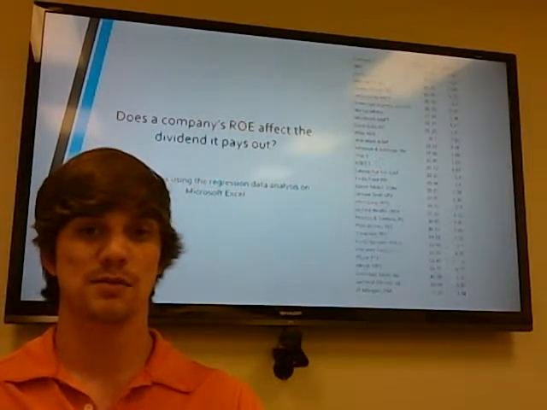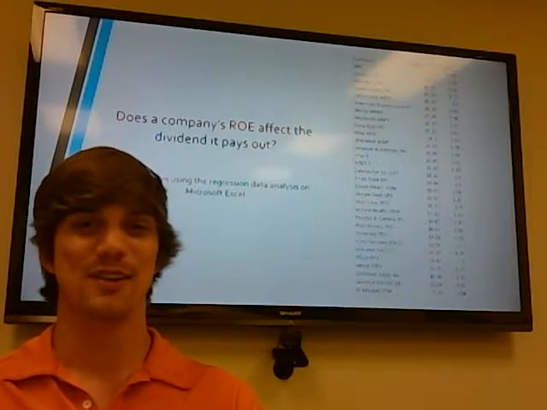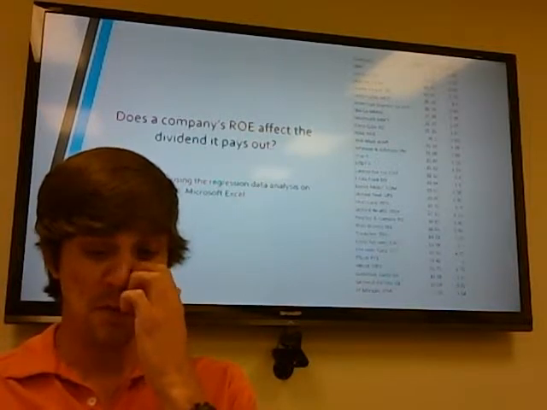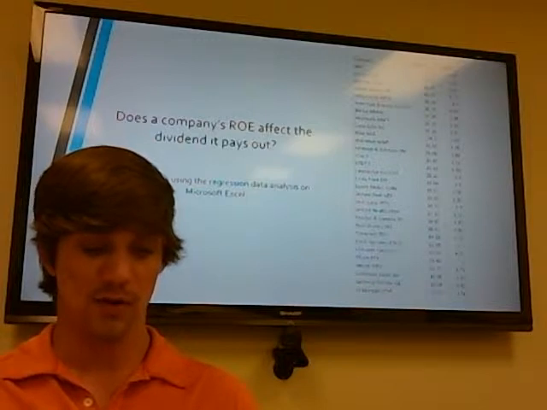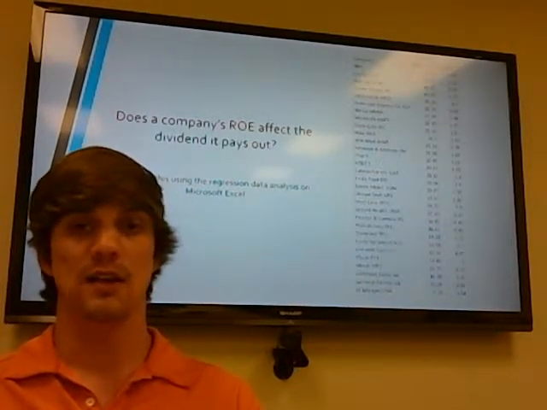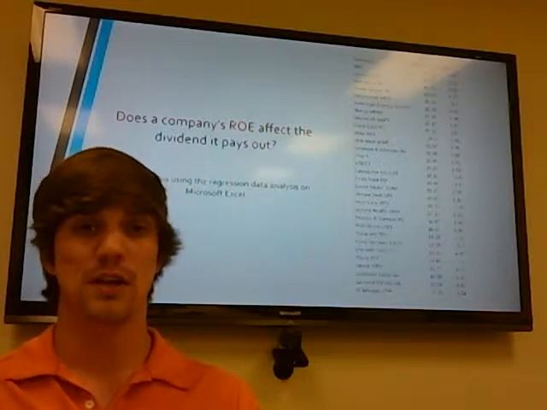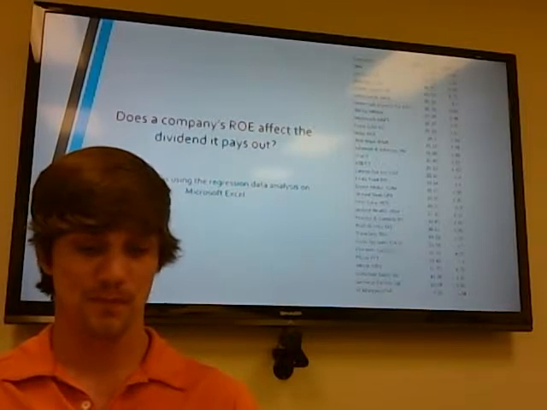And Excel's a really smart program. I sorted the ROE from largest to smallest. After that, we're going to test the information using a statistical data analysis tool in Excel called regression.